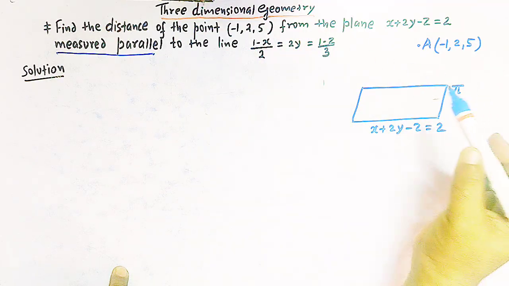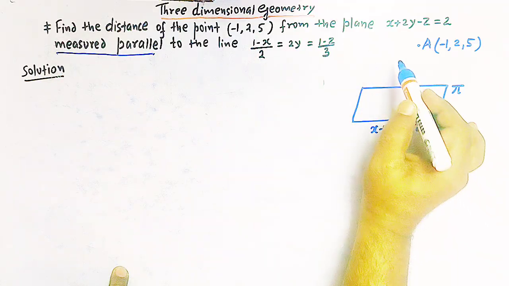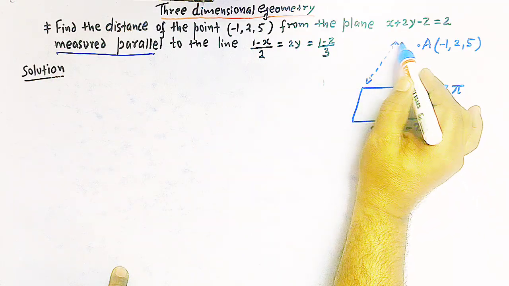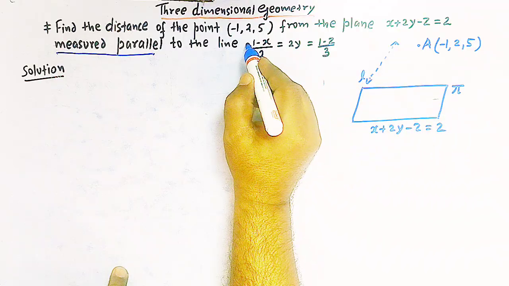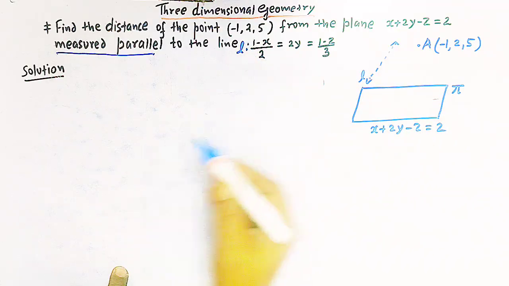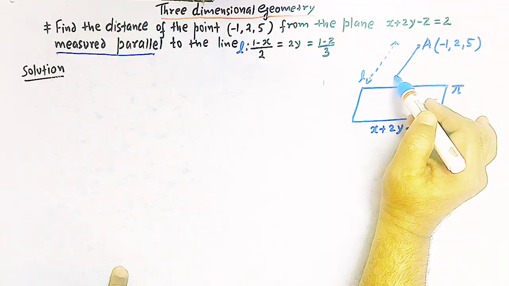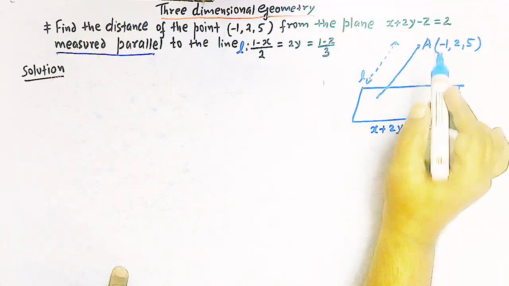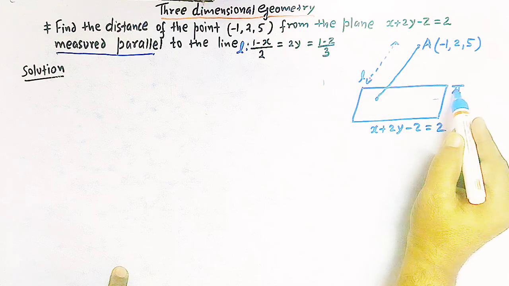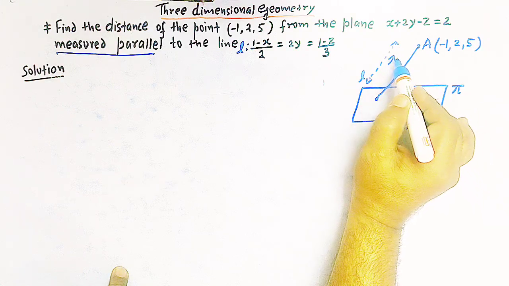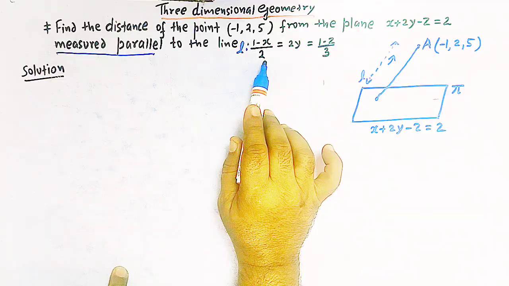So let us draw this line, say L, and we have to find the distance of this point A from the plane pi, measured along this line L, right?